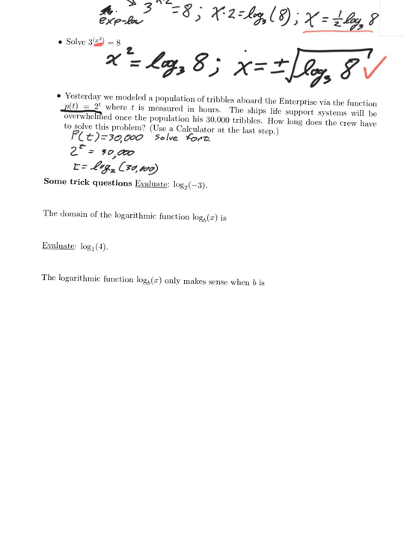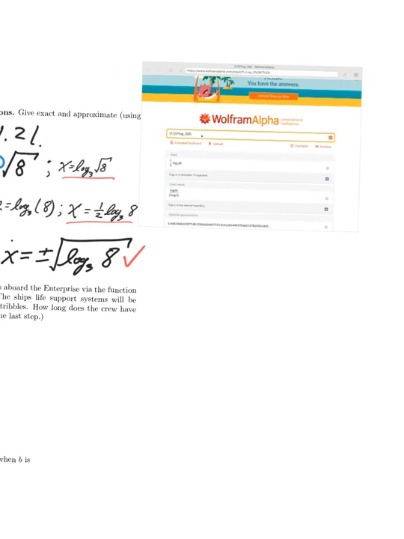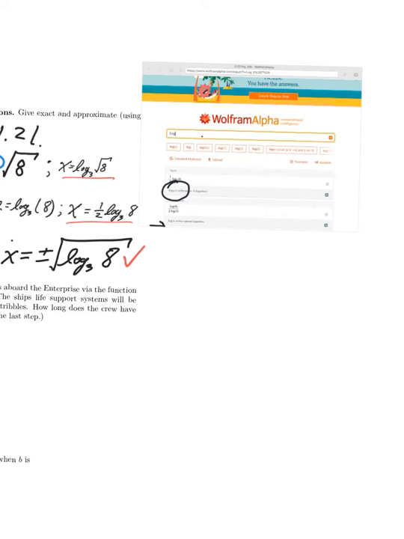So let's try to compute what that is using a machine. Let's compute the log base 2 of 30,000.